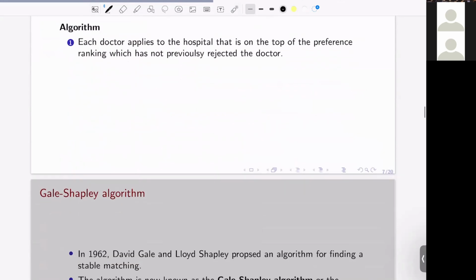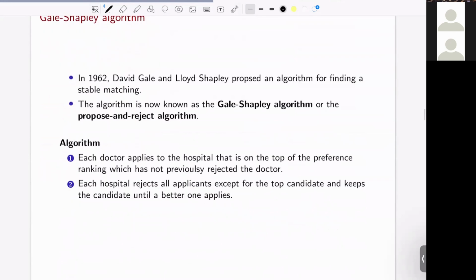And hospitals do the following. They receive a certain number of applications, and they keep the top candidate but reject all the others. The hospital can wait until there's a better candidate coming up. So doctors apply to top choices.